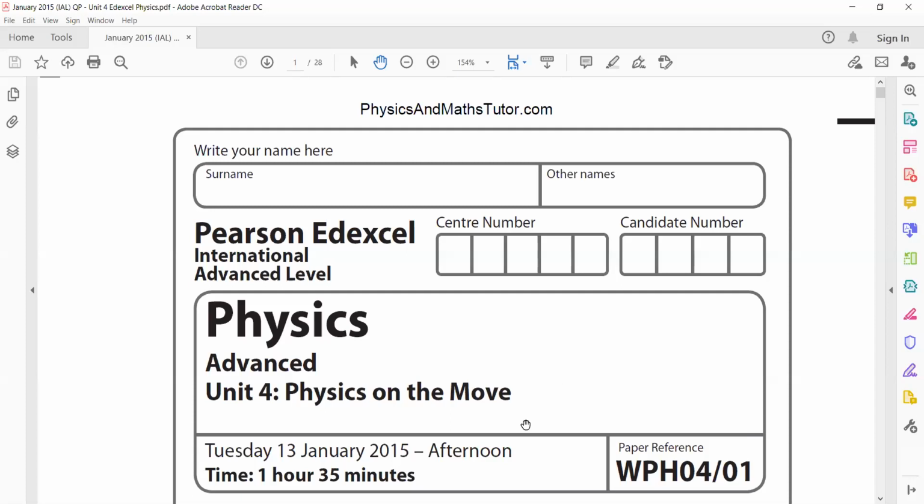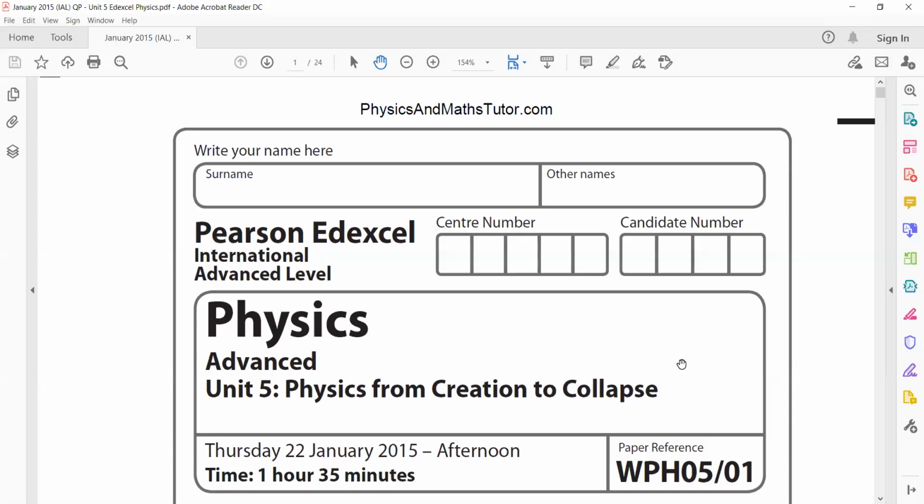This one is January 2015. Okay, we are discussing Unit 5. Just a minute. So January 2015, according to the old specification, Unit 5.